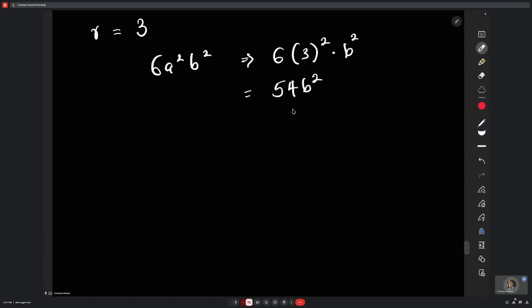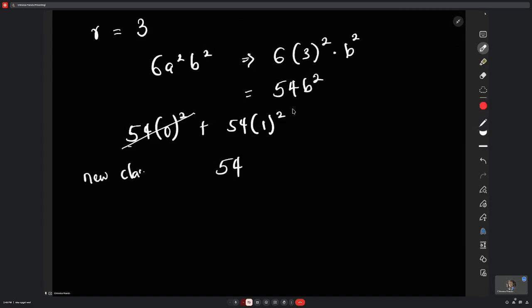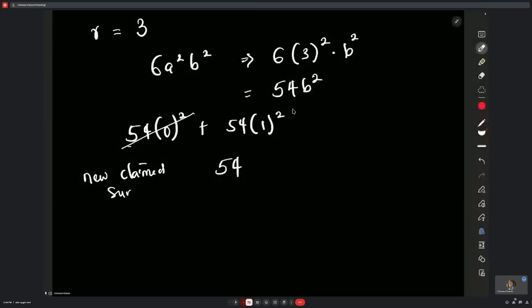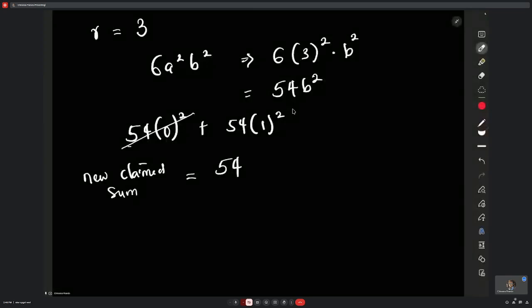So this is a univariate polynomial, but the prover is going to send the sum of this polynomial over the Boolean hypercube, plus 54 times 1 squared. We have 54, which is the new claimed sum.